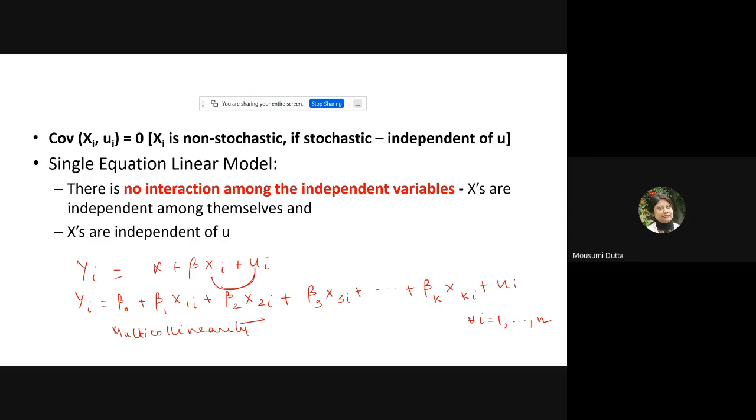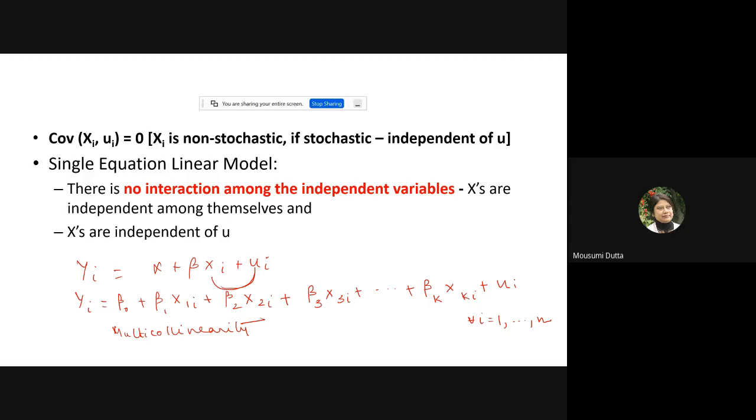If there is correlation among the variables x1, x2, x3 up to xk, this is known as the problem of multi-collinearity.